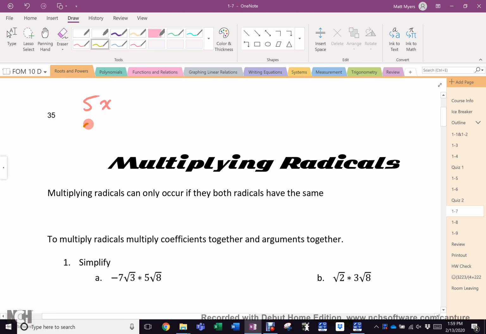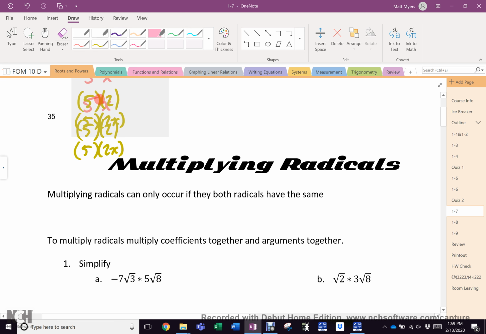What does this mean? Which is 10. Cool. All right. Great. What does this mean? 5 times 2, which is 10x. Good. And there's one other thing.